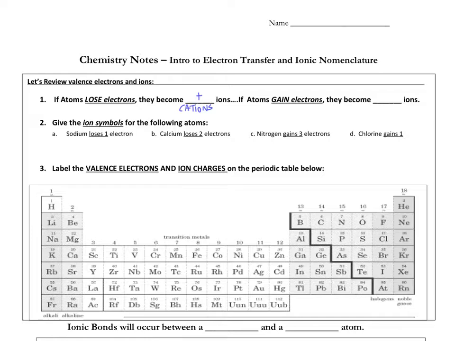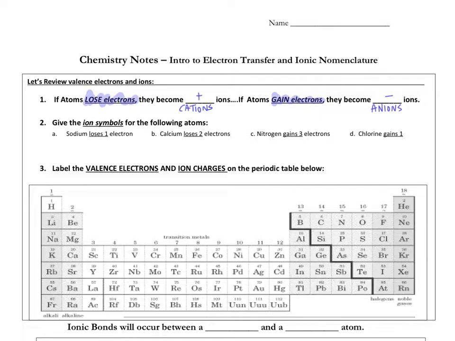If an atom gains an electron, then it becomes the opposite. So it becomes a negative ion, also referred to as an anion. Metals typically lose electrons. Metals are typically cations, and nonmetals are going to be the atoms responsible for gaining electrons, which are known as anions.